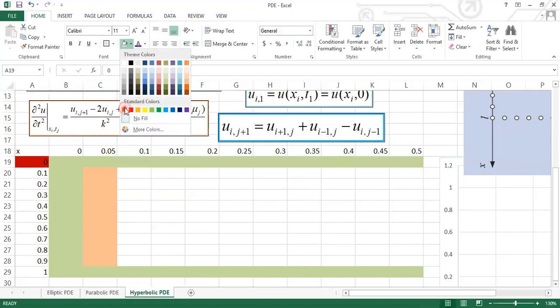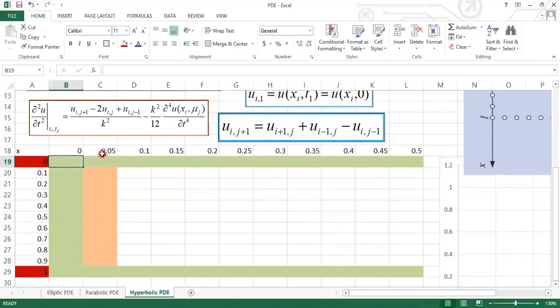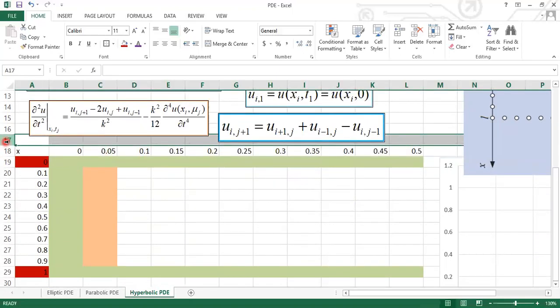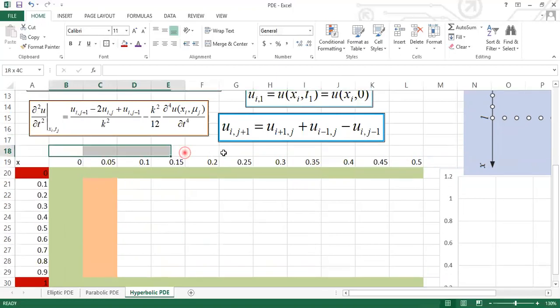This is one boundary. And the other boundary is here. It is also 0 for all times, the time scale is over here. So time is varying over here.